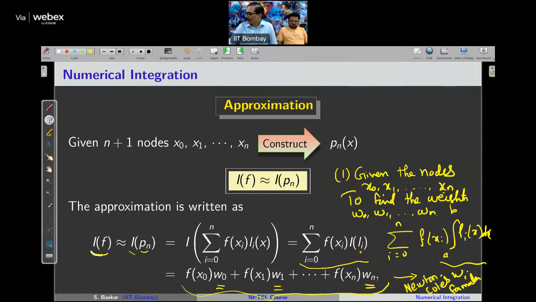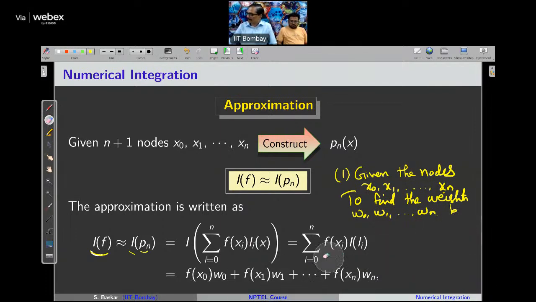We have used this approach and obtained some quadrature formulas like the rectangle rule, trapezoidal rule and Simpson's rule. You simply have to integrate this polynomial; all these Lagrange polynomials have to be integrated.